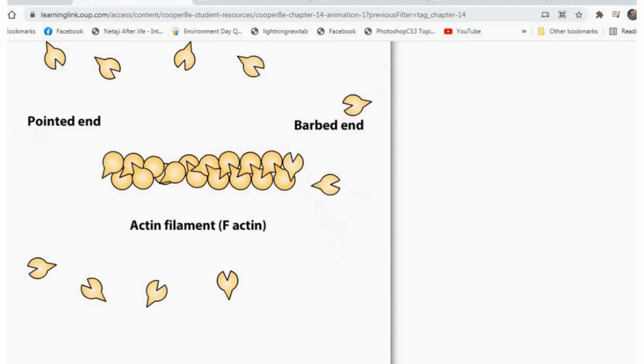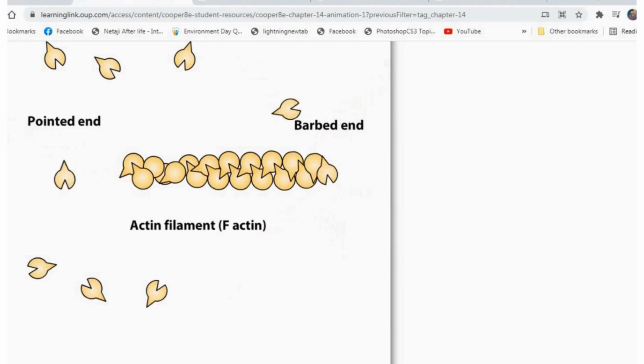At high concentrations of free subunits, the filament grows at each end, but the growth is faster at the barbed end. When the concentration of free actin monomers falls below a certain level, the barb will continue to increase in length, but the pointed end will decrease in length.